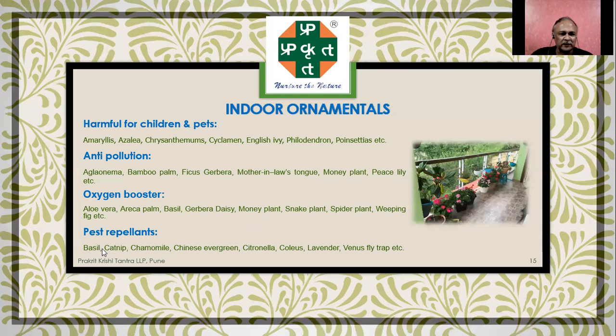So if you keep the plants, depending on the type of the plant, in strategic places like near the window where the flying insects are coming, or entry exit point of the pest, then you can actually have a control on the pest incidence.